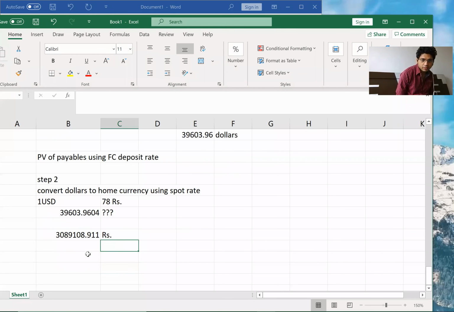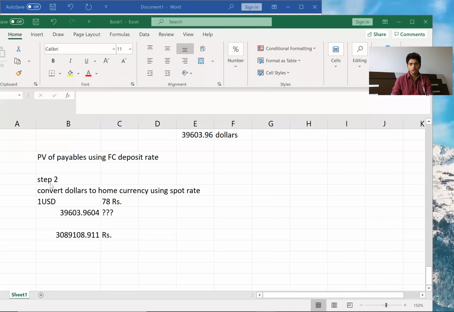So 3,89,108 rupees. So I know that in rupee terms, I'll need 3,89,108 rupees. That is step 2.